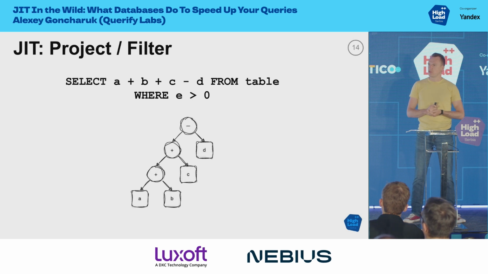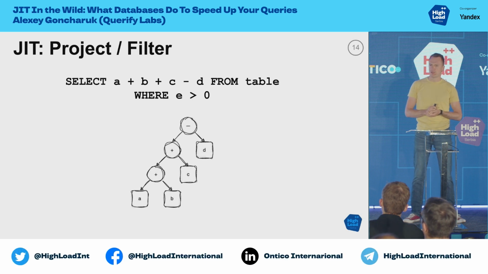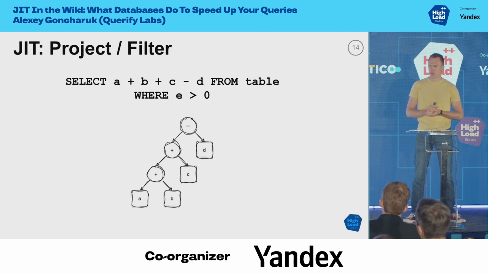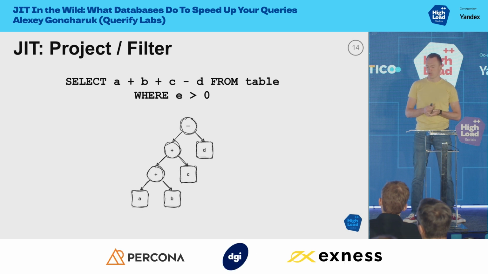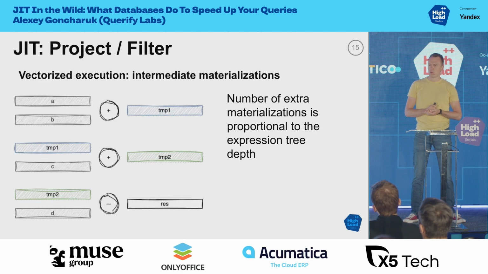Now let's take a look why JITing specific operators may be beneficial. Let's start with project and filter operator. And here we have a very simplistic query with this complex expression and a filter condition.